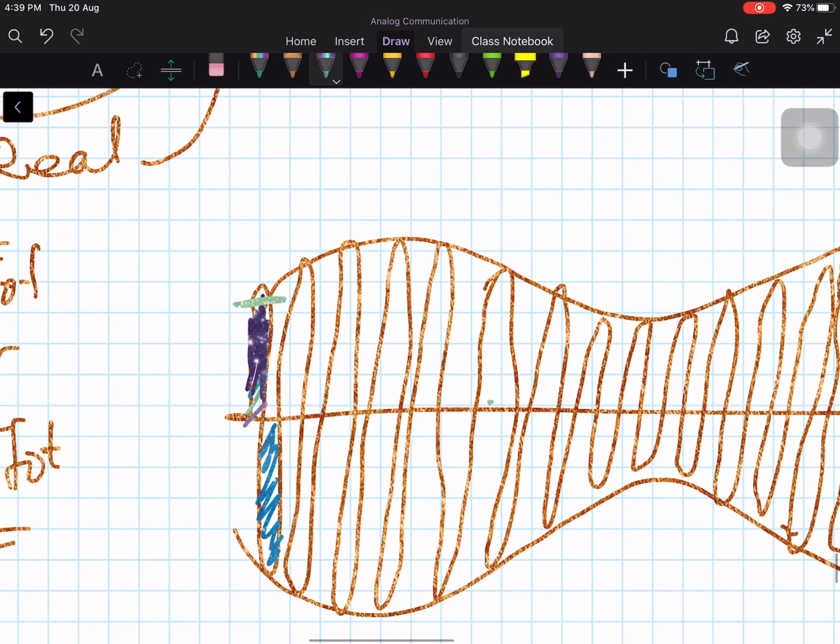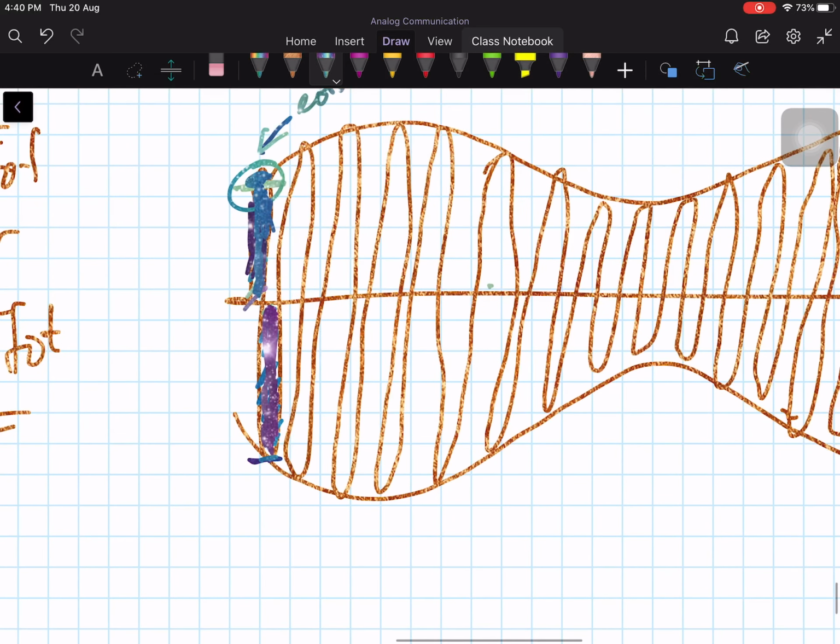If you look at this point, it is roughly constant, and here also the signal is constant. If you do the integration, then this shaded area will cancel this shaded area. Therefore cycle by cycle, half cycle by half cycle, if you integrate, you will get 0.